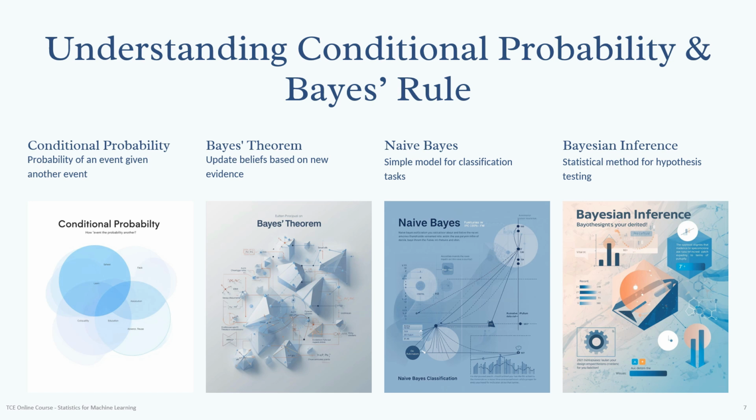Then we have Bayes' rule, which helps us update our belief based on evidence. The formula for Bayes' rule is P of A given B is equal to P of B given A into P of A divided by P of B. This is the foundation for many machine learning algorithms like naive Bayes classifier and Bayesian networks. So Bayes' rule is extremely important in machine learning.